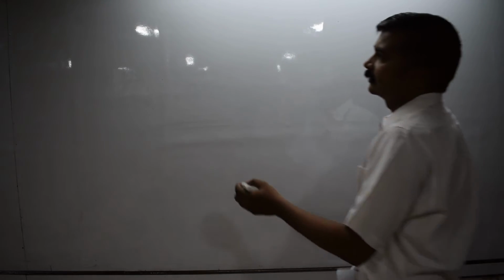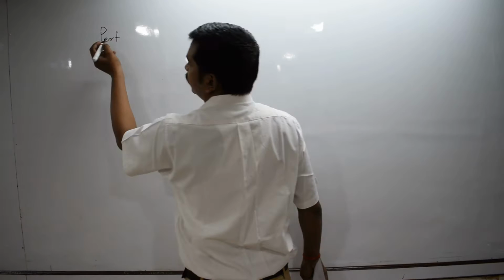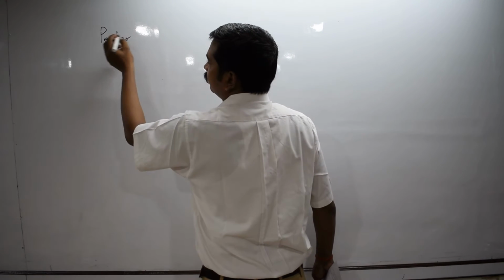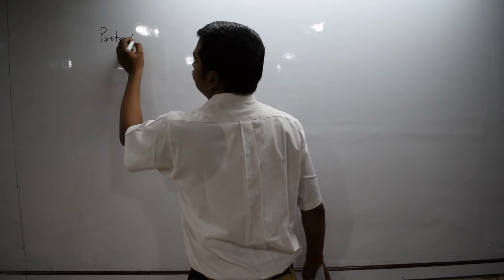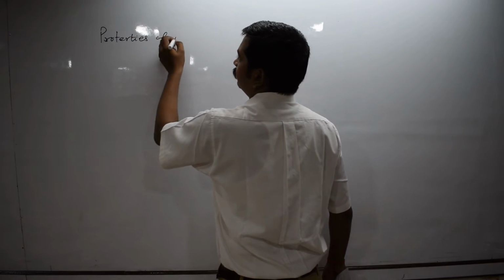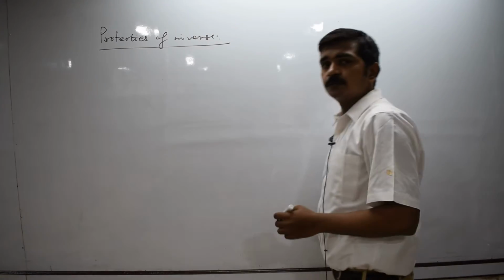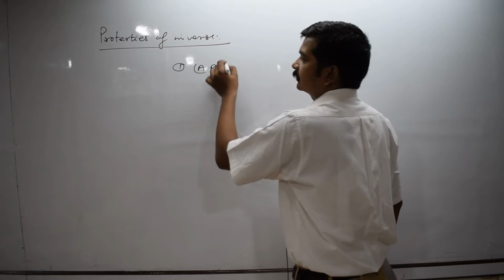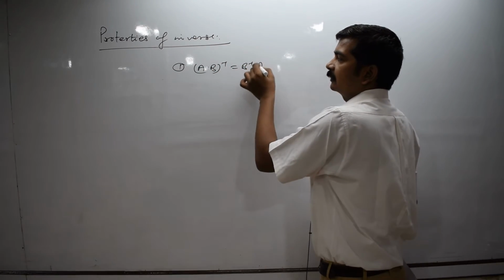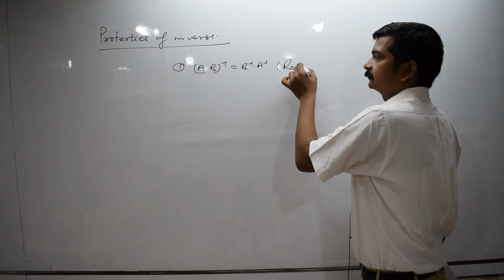Before taking an example, we discuss some properties related to the inverse of a matrix. There are two useful properties. First is that (A B) inverse equals B inverse A inverse. This is also known as the reversal law.